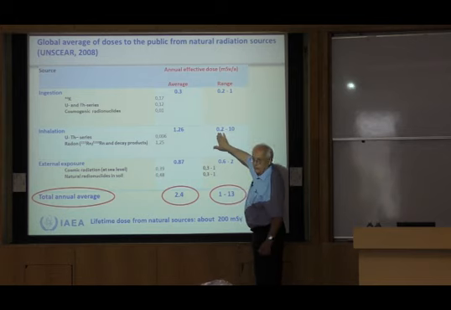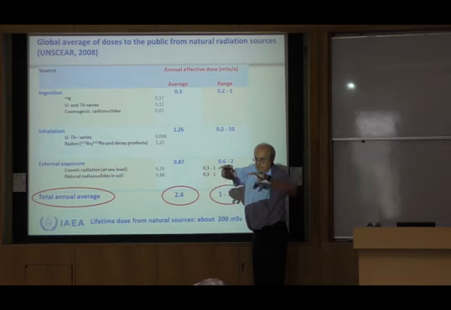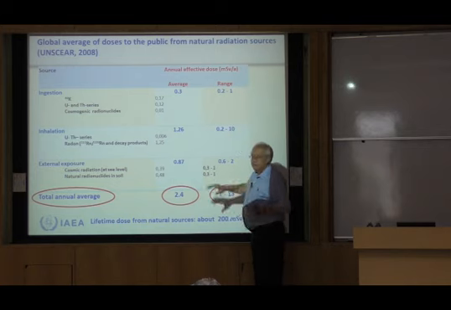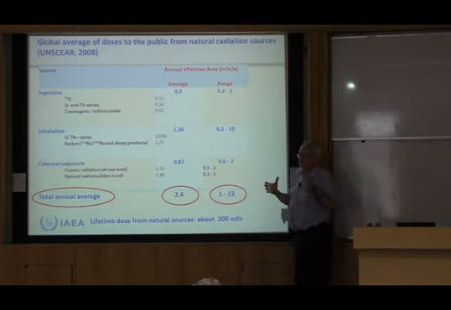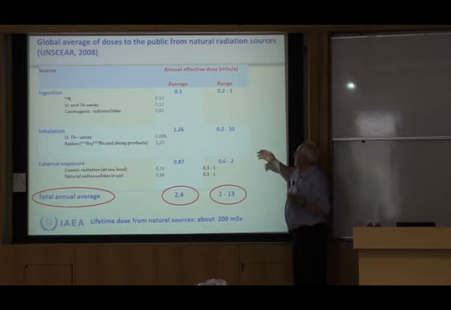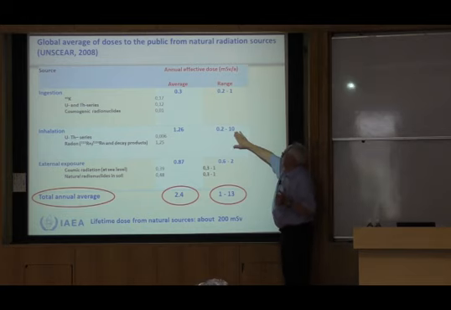It goes from 0.2 if you live on an island in the middle of the Pacific, or 10 if you live in areas where you have, for example, granite in the underground, which contains uranium, and which is the mother nucleus of radon.